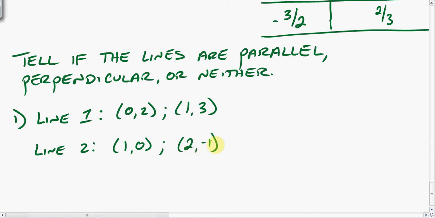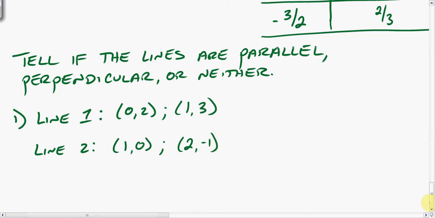So, how do we tell if these lines are parallel to each other, perpendicular, or neither? The best way to do it is not to graph, because by graphing, sometimes it's hard to tell if the lines are, in fact, perpendicular to each other if they intersect. So the best way to find out is to find the slope of each line and then compare that slope.